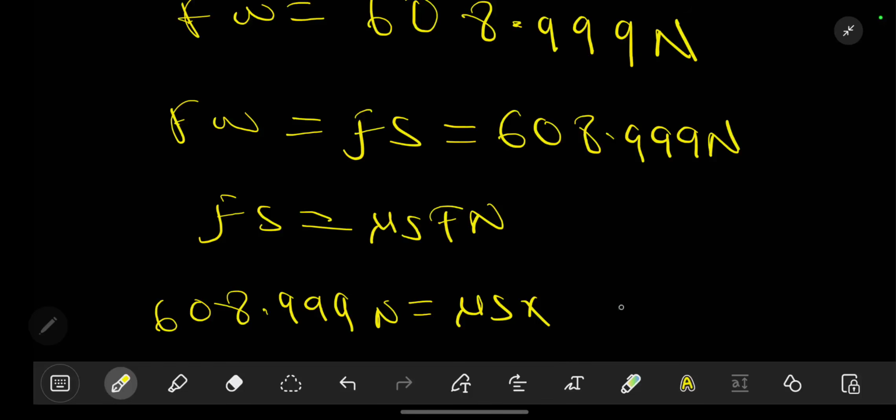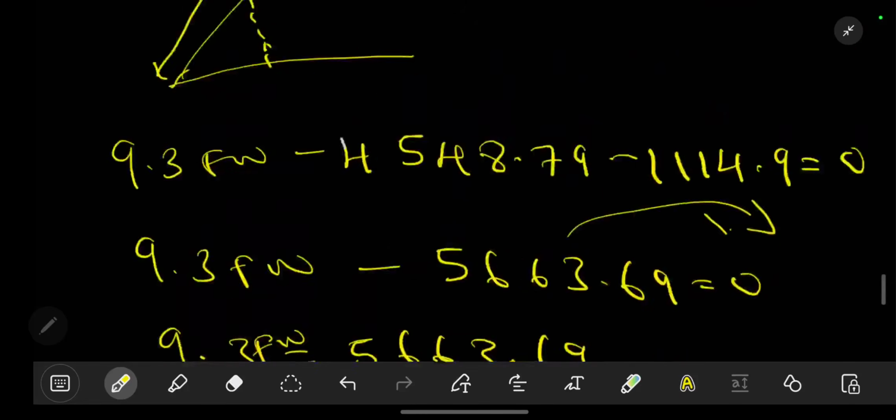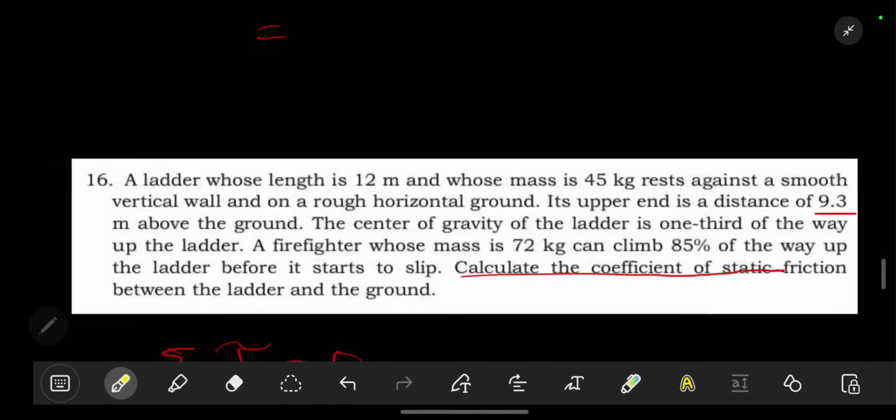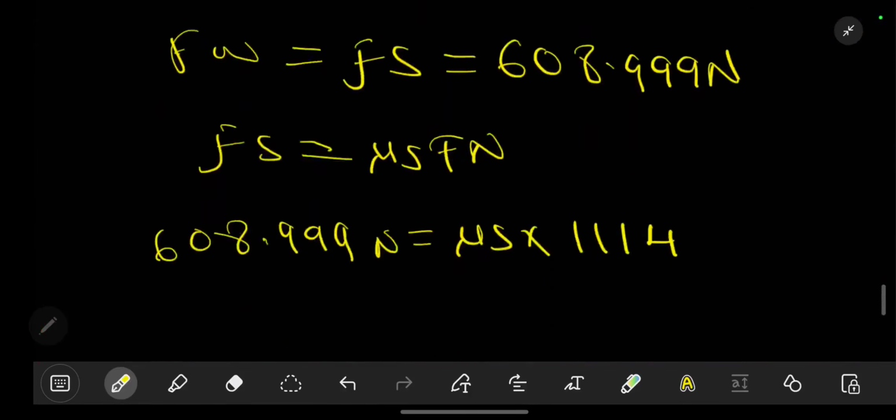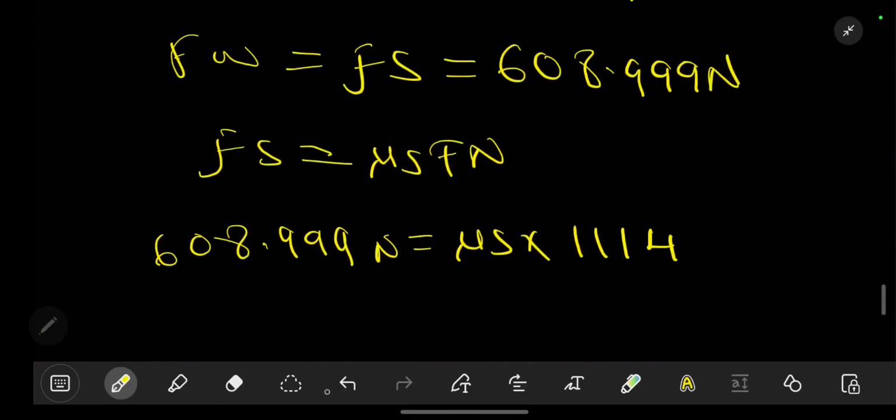Remember, the normal force, we found it to be equal to 1114, should be 1146.6, which should be equal to, just like this.